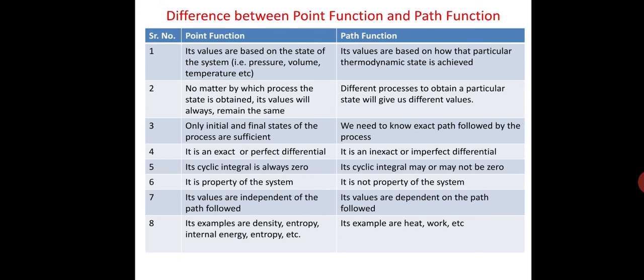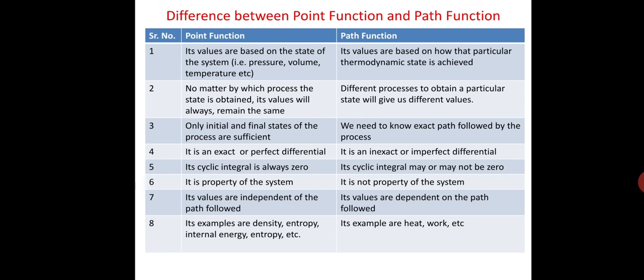Fourth difference: point function is an exact or perfect differential. Path function is an inexact or imperfect differential. Fifth difference: its cyclic integral is always 0 in point function. Its cyclic integral may or may not be 0 in case of path function. Next difference: point function is a property of a system.